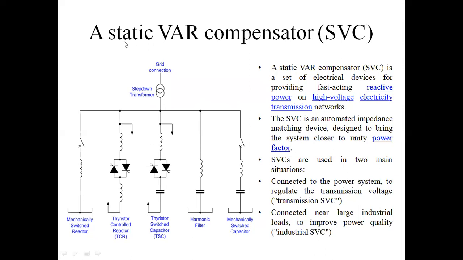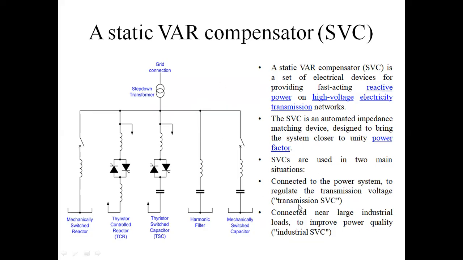In this static VAR compensator, it is mainly used for two purposes. SVCs are used in two main situations. One is connected to the power system to regulate the transmission line voltage. Second is connected near large industrial loads to improve power quality.